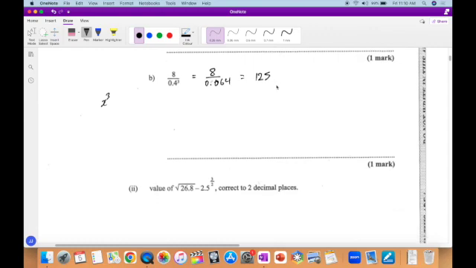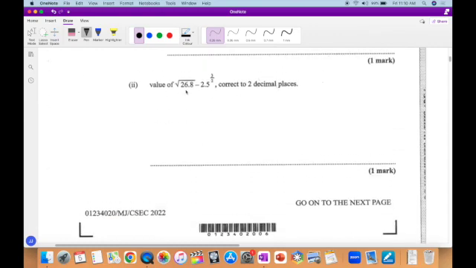Basic calculator skills here. Find the value of that minus that correct to 2 decimal places, right? So on the calculator, if you look for that x squared button, you'll see the second function will give you that over the x squared button. So second function, that to use the square root.